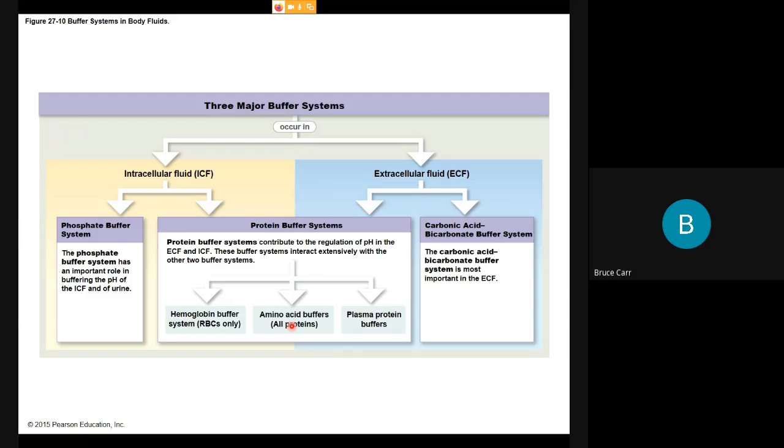Amino acids and protein, plasma proteins out here in the extracellular fluid can also bind to hydrogen ion. Now, the plasma proteins have been mentioned before, like albumins, globulins, and fibrin, mainly albumins out here, and bind hydrogen ion.